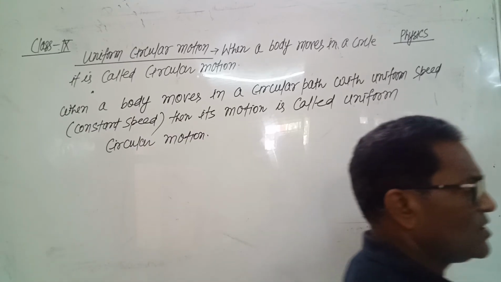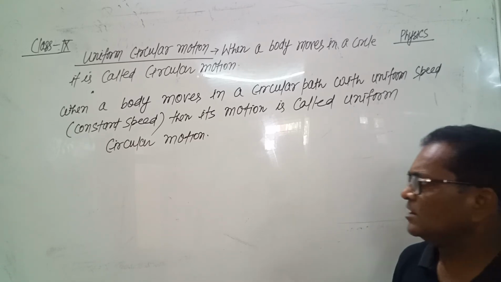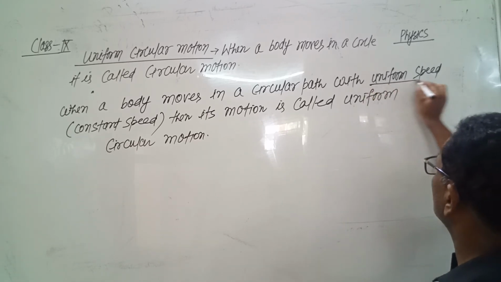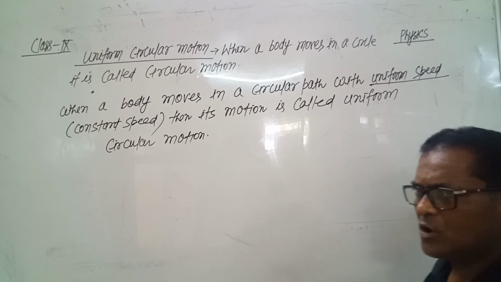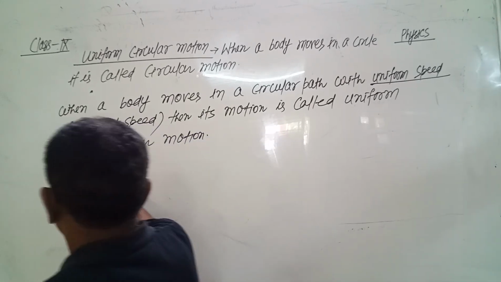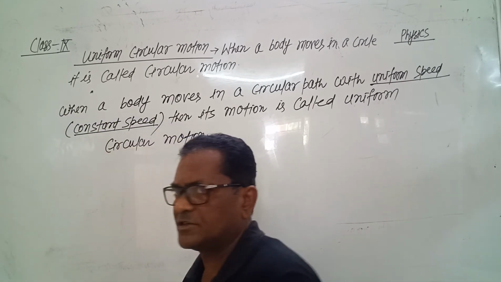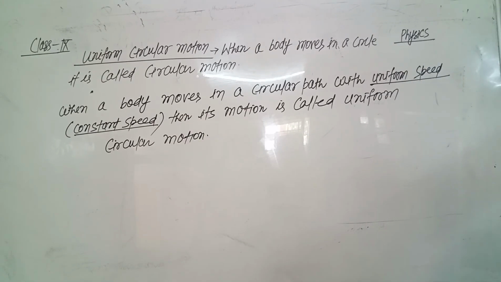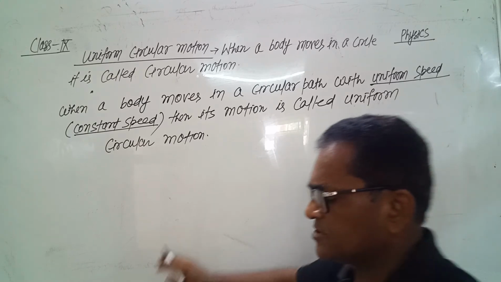In a uniform circular motion, the body moves with uniform speed. Uniform speed means constant speed. Then the motion is called uniform circular motion.